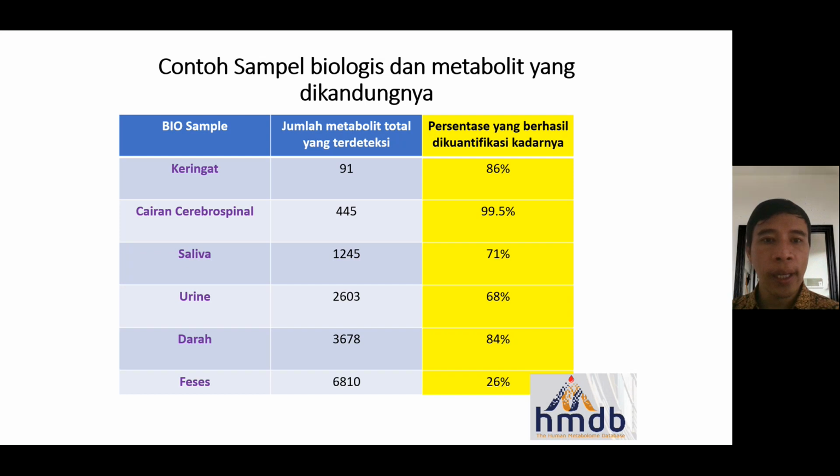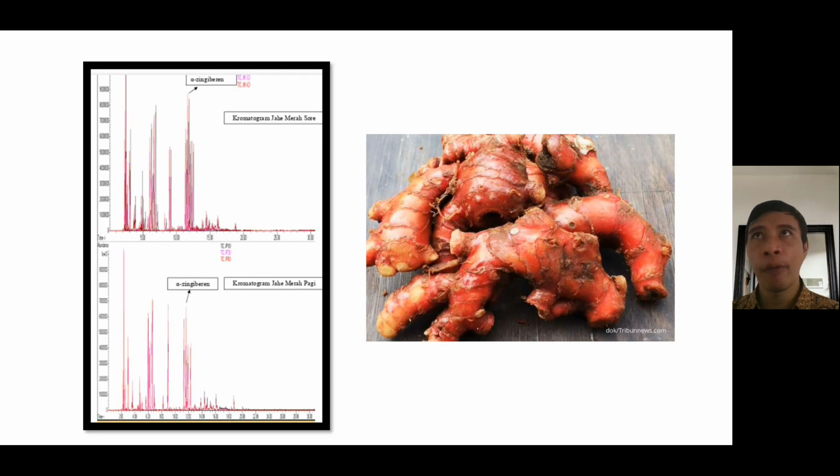And why we need to perform the analysis, like in this story, that in this red ginger, researchers from IPB University revealed that when you harvest these samples for metabolomic analysis between morning and afternoon, you will find a difference in their metabolome profiles.